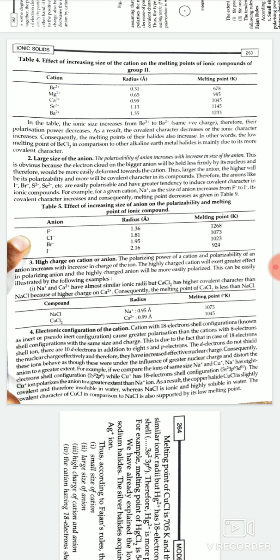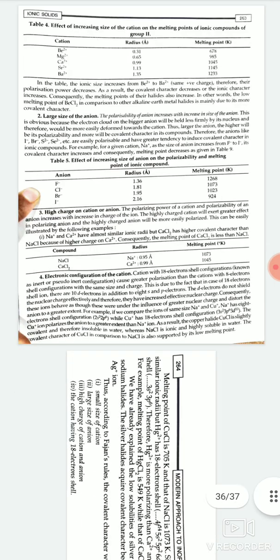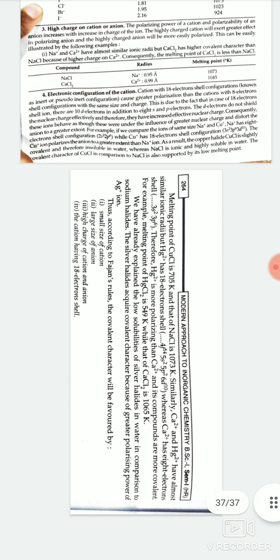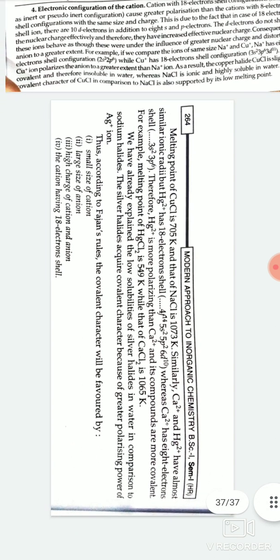As a result, the copper halide CuCl is slightly covalent and therefore insoluble in water, whereas NaCl is ionic and highly soluble in water. The covalent character of CuCl in comparison to NaCl is also supported by its low melting point. Melting point of CuCl is 705 Kelvin and that of NaCl is 1073 Kelvin.